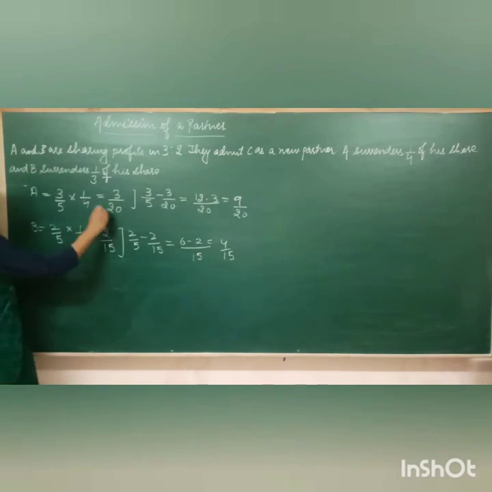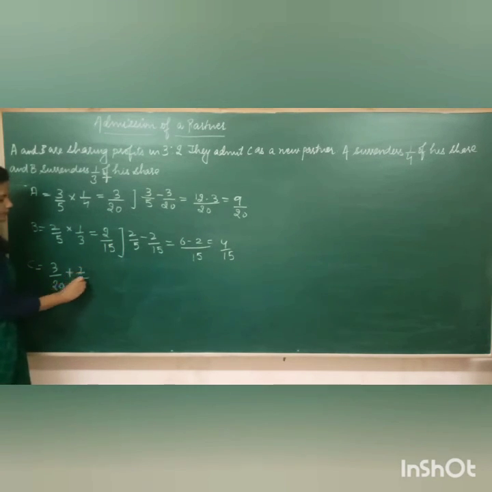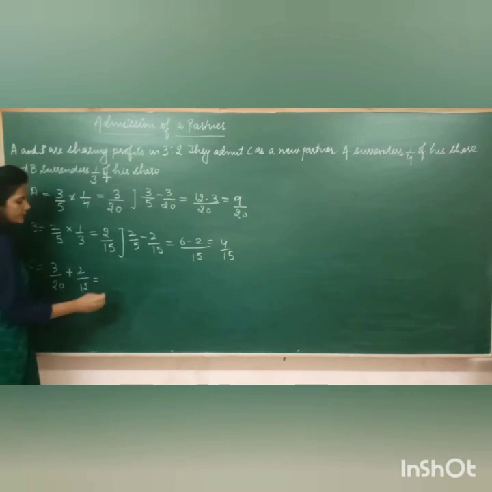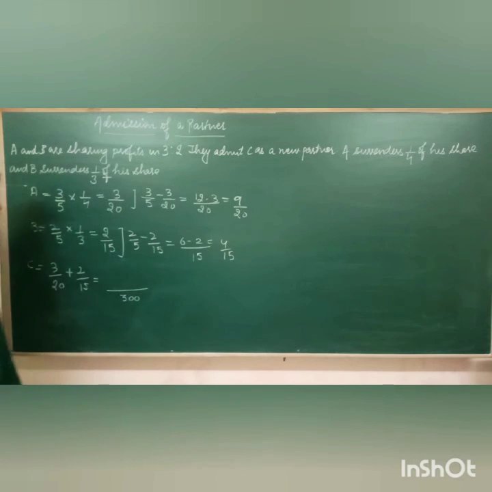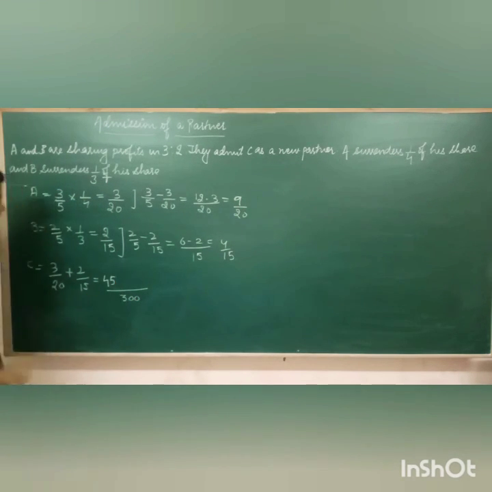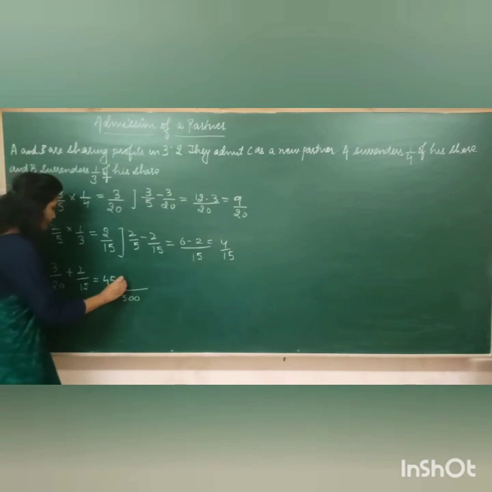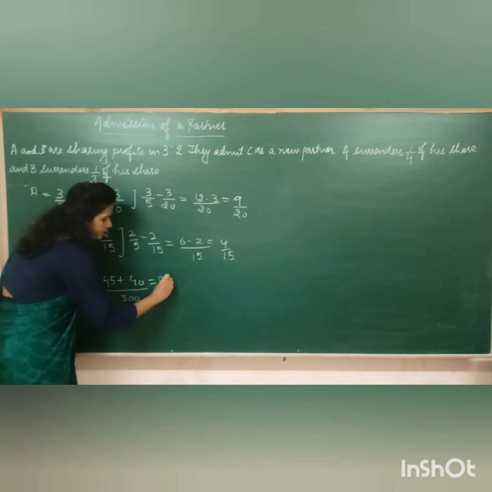Now how much C is getting? C is getting 3 upon 20 from A and 2 upon 15 from B. It means that C is getting this much. Let's calculate. It will be 45, right? And it will be 40, 85.